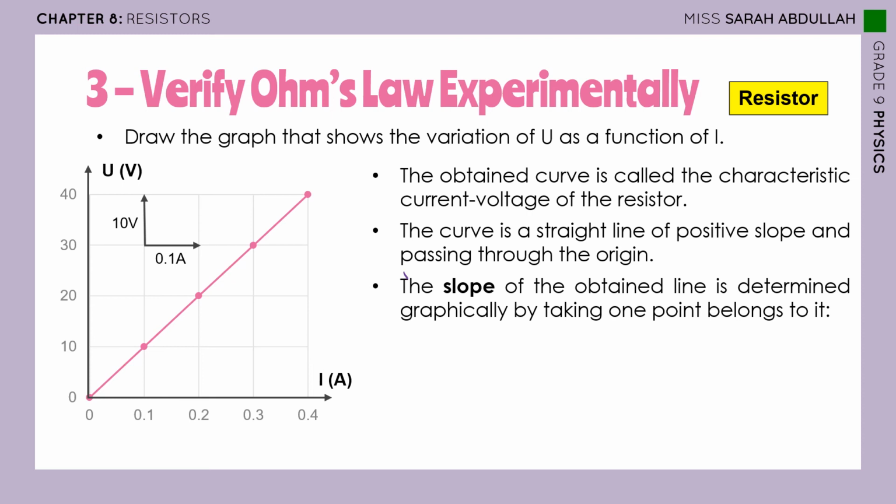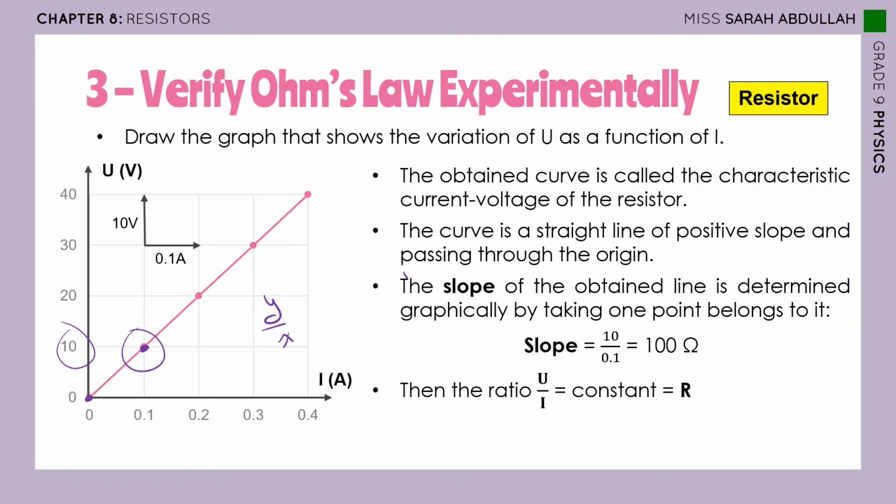But since this curve is passing through the origin, I can take any point on this line as the first point, and the second point would be the origin, 0, 0. So I can find the slope by simply writing y over x for this point. The y for this point is 10 over x, which is 0.1, and the answer would be 100 ohms. So this is the slope of the line.